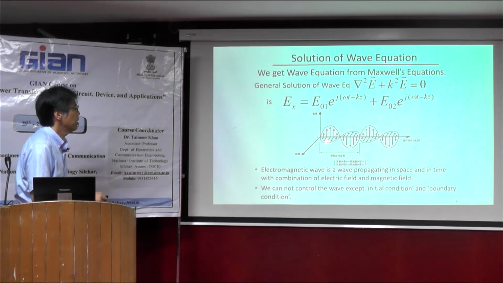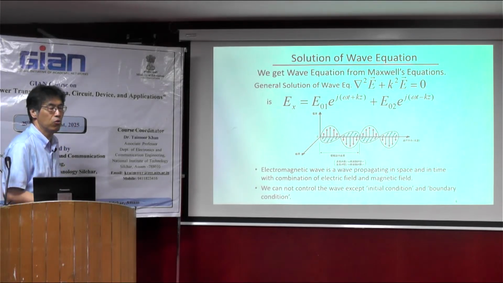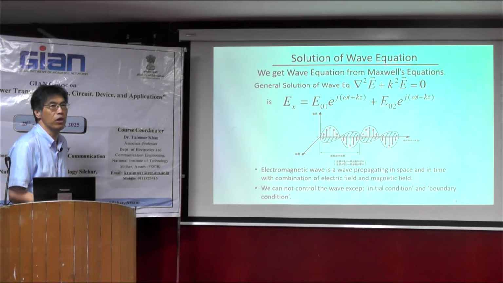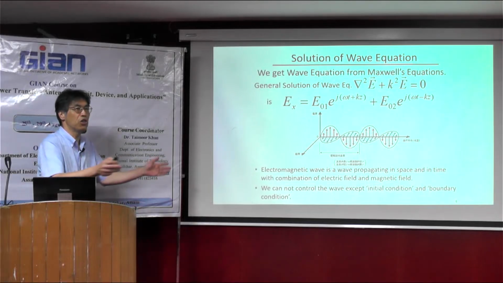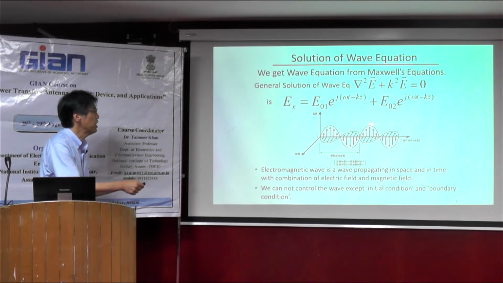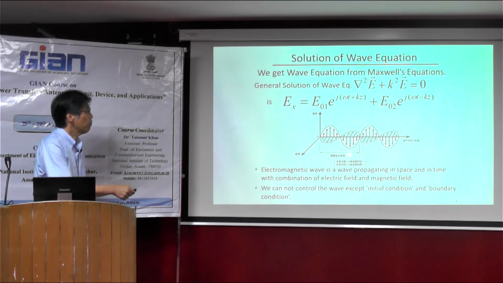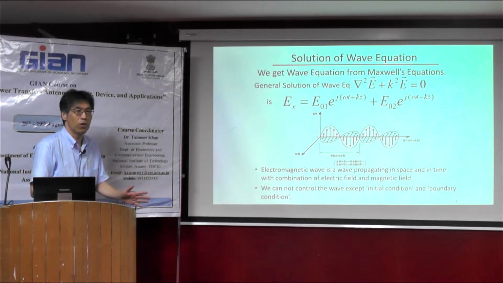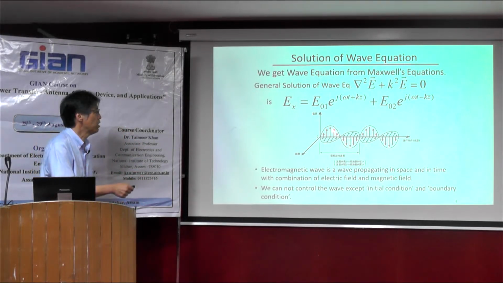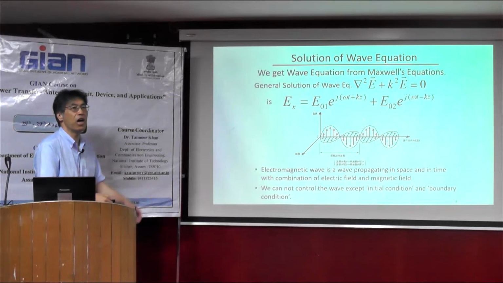So this is the waveform, usually the waveform of the radio waves. So when we stop the time and we check this waveform in space, we can see this change of the phase and amplitude in space. And when we fix the position, for example, in space, this wave fluctuates in time.